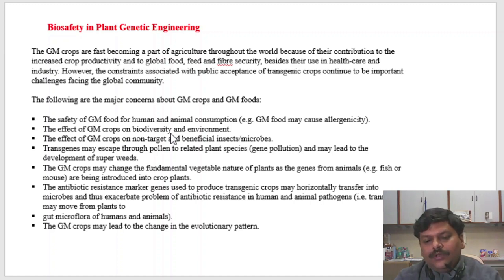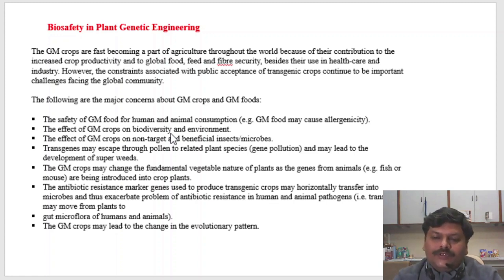So if Bt cotton is there, the delta endotoxin should not have a harmful effect on non-targeted insects such as butterflies, and basically Bt cotton is very safe. But the same way, if any other gene or any other protein is tested for insecticide properties, it needs to be tested for non-targeted beneficial insects as well. It should not kill the beneficial or the other insects which are there in the same environment.